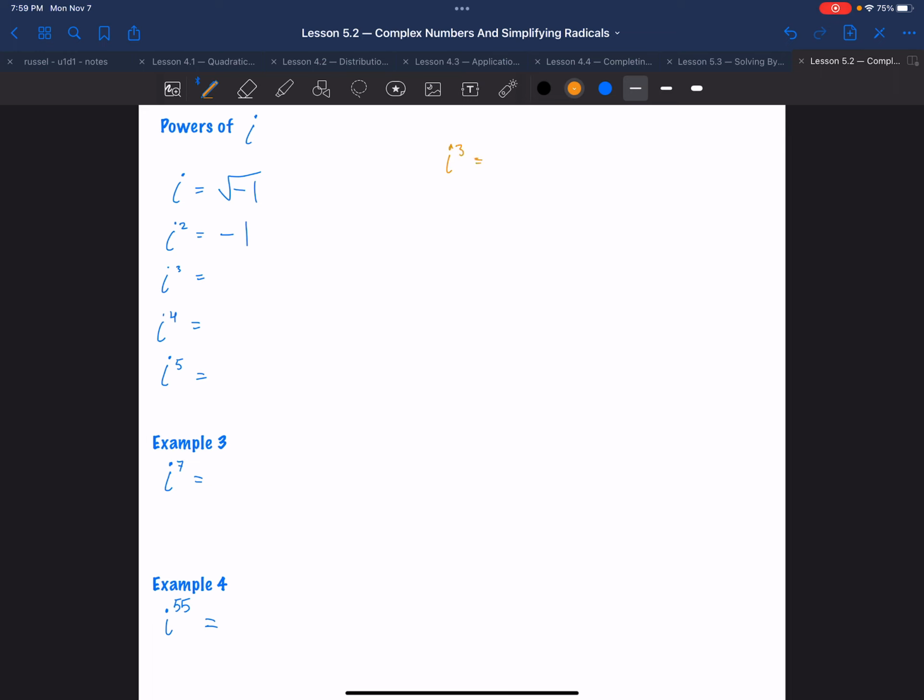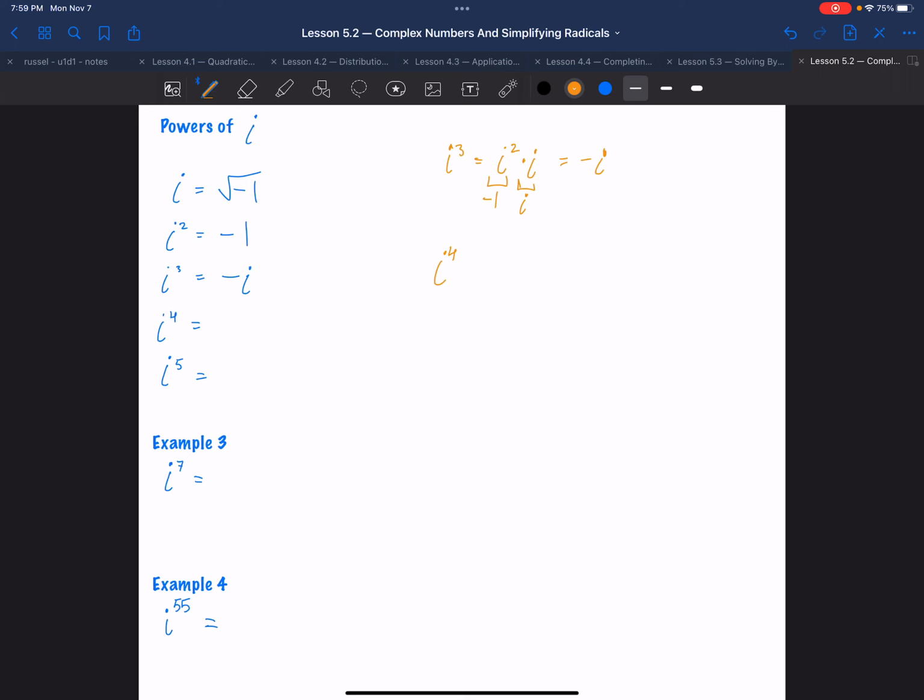Well, i cubed is i squared times i. So that's just negative 1 times i, which means i cubed equals negative i. Then let's look at i to the power of 4.